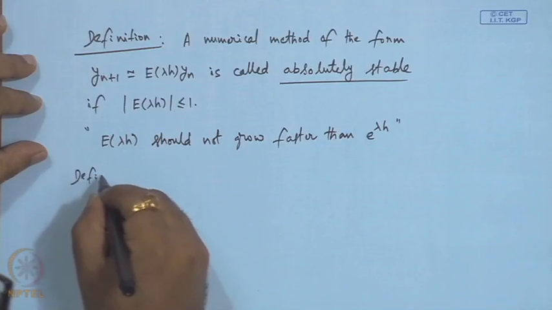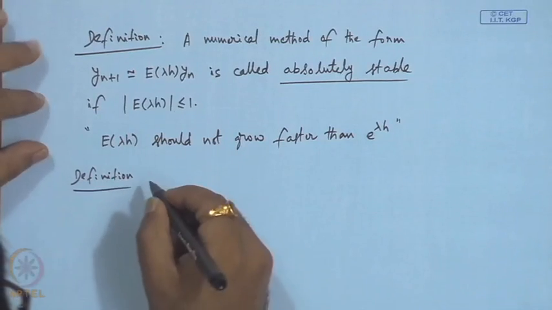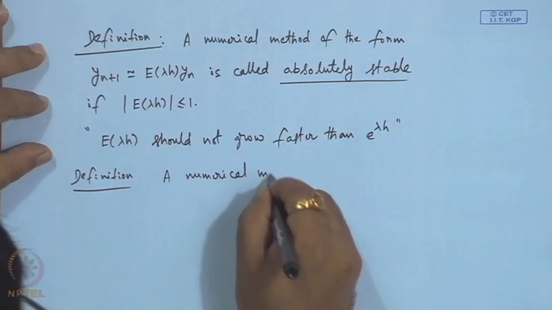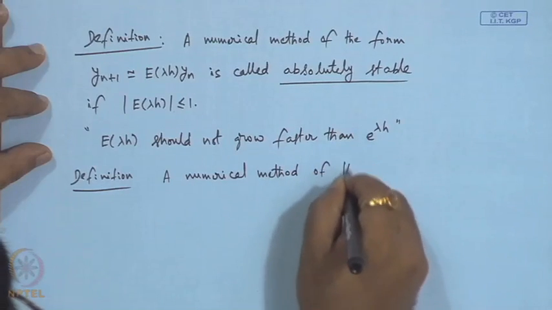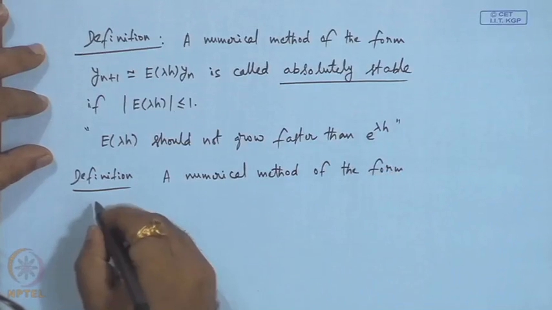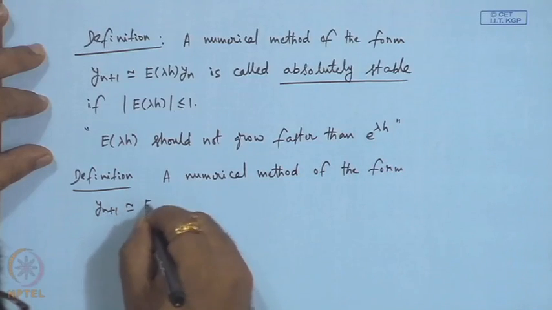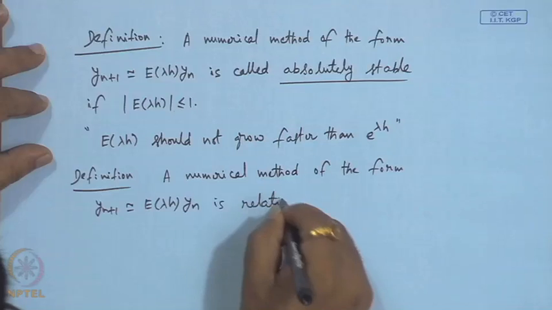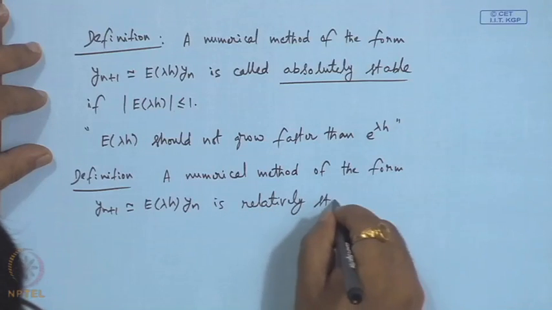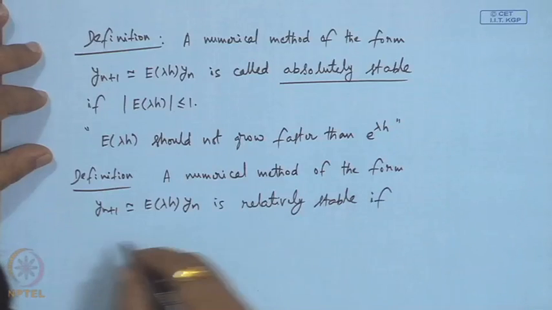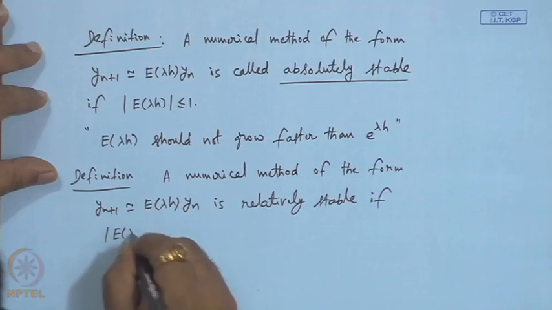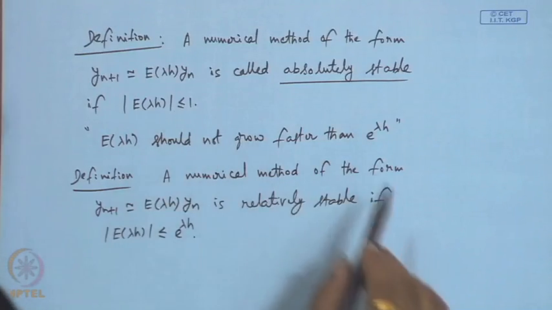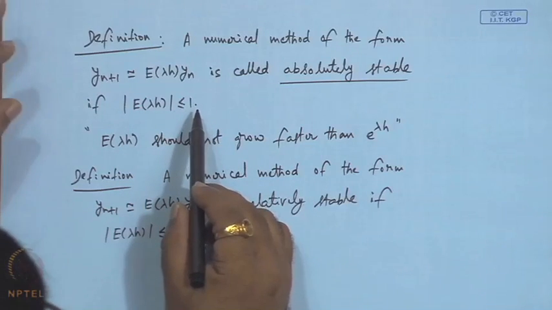So, hence a numerical method of the form is relatively stable if you can ensure that this is always less than or equal to 1, then it is absolutely stable.